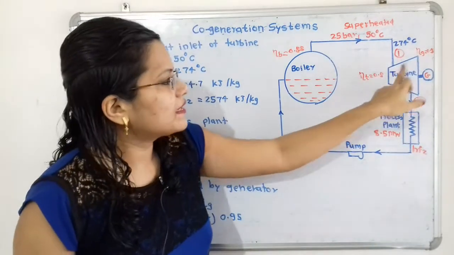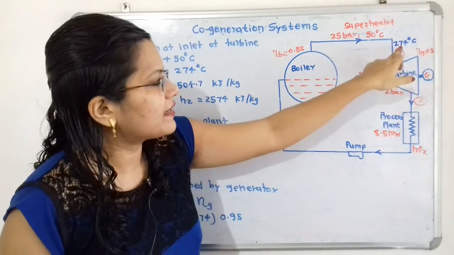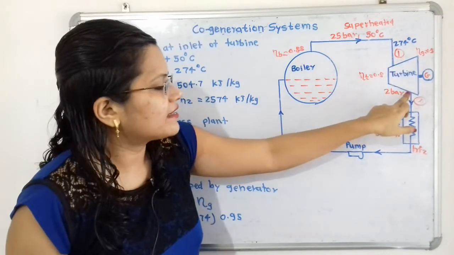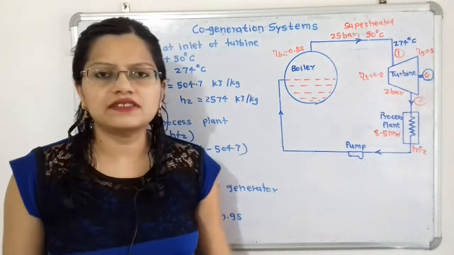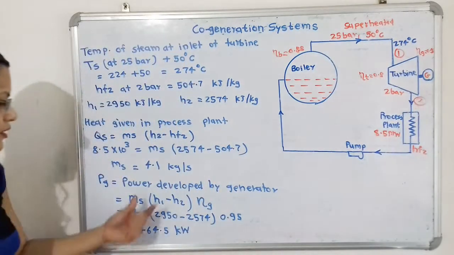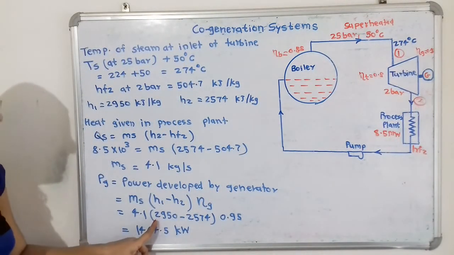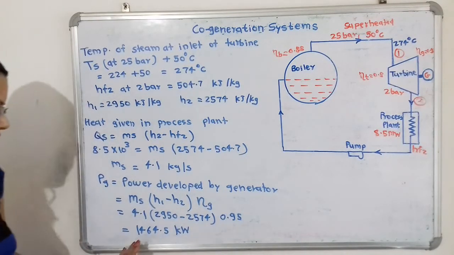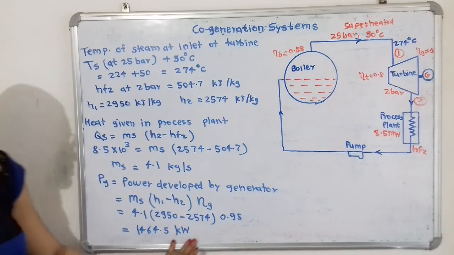Enthalpy difference in the turbine: at the entrance, enthalpy at point 1, that is H1, and at the exit, enthalpy at point 2, that is H2. So we put the value: 4.1 into (2950 minus 2574) into 0.95. So power developed by the generator is 1464.5 kilowatt.